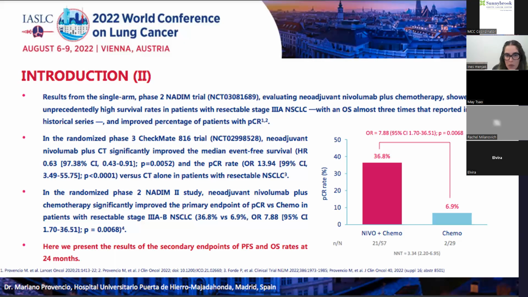The primary endpoint, pathological complete response, was 36%. And in this presentation at the World Conference on Lung Cancer, Dr. Provencio presented the secondary endpoints of PFS and overall survival at 24 months.